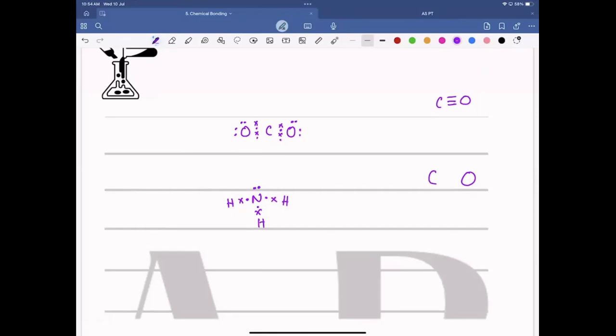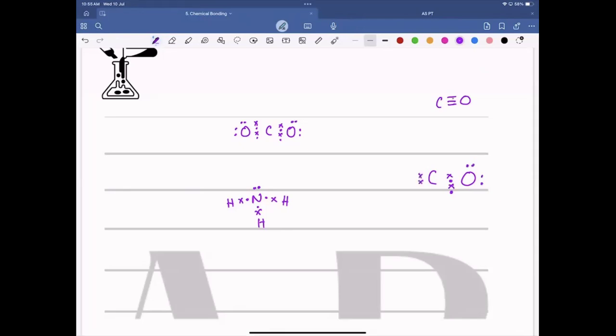Carbon is going to bond with this oxygen, so right now this carbon is sharing 2 electrons with the oxygen, and oxygen is sharing 2 electrons with this carbon.